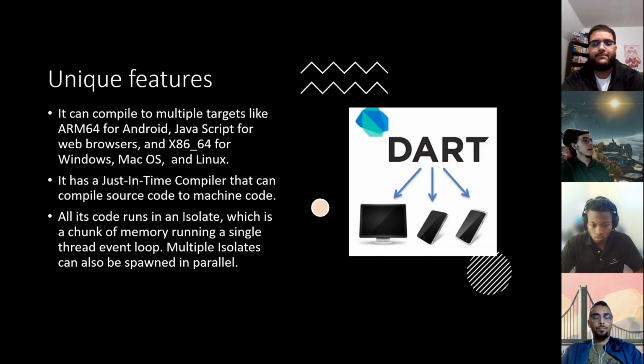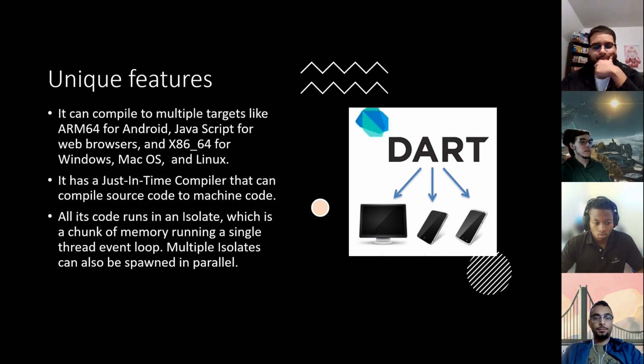Some of its unique features are that it can compile to multiple targets, for example, to ARM64 for Android, JavaScript for web browsers, and x86-64 for Windows, Mac OS, and Linux.